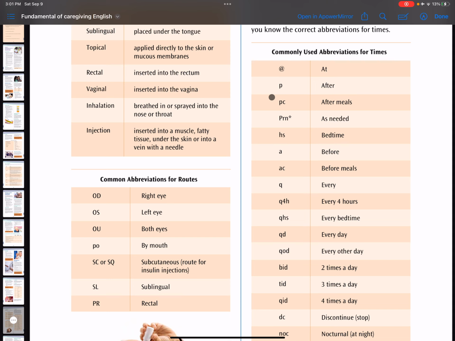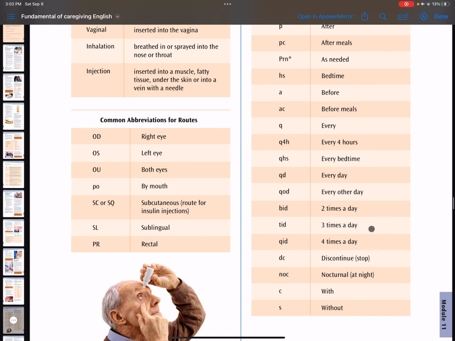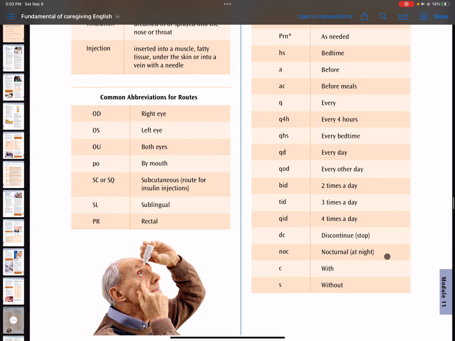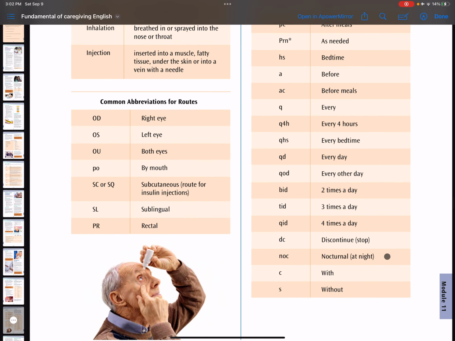So when you are doing it, there's a time: at, after meals, as needed, at bedtime, before meals, every 4 hours, every bedtime, every day, every other day, 2 times a day, 3 times a day, 4 times a day, discontinue or stop, nocturnal or at night, with or without. It's very important to know these words. You need to familiarize yourself with those. It's very helpful.